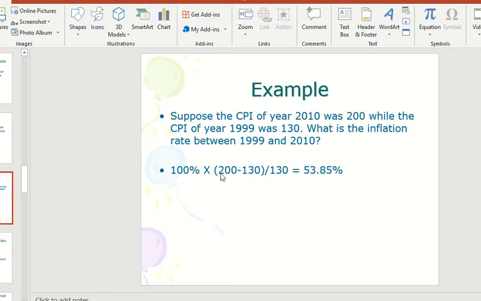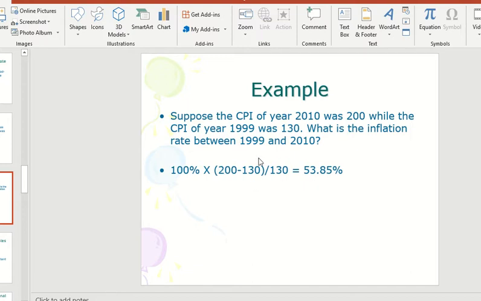So it's the price level, the CPI of the later period, which is 2010, minus the CPI of the earlier period, which is 1999, and then divided by the CPI of the earlier period, 1999, and then multiply the whole thing by 100%. So we get 53.85%.